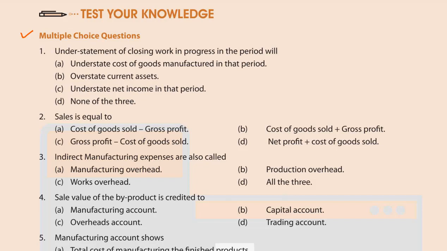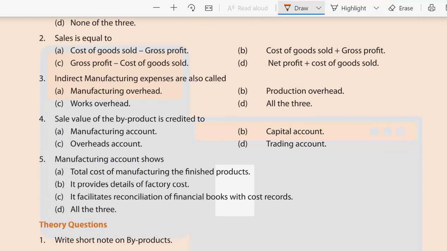B. Overstate current assets. C. Understate net income in that period. D. None of the three. It is C. Understatement of closing work in progress will understate the net income of that period.